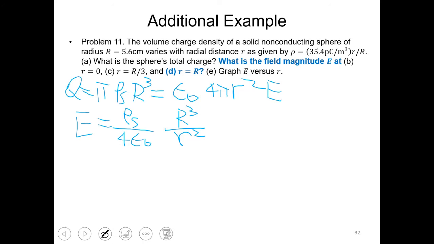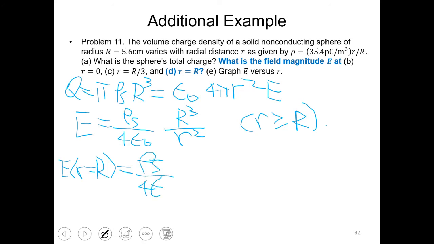So if r is equal to capital R, then E will be rho s over 4 epsilon 0 multiplied by R.